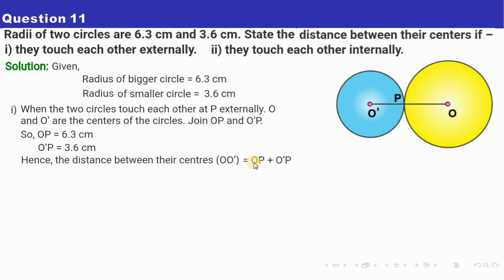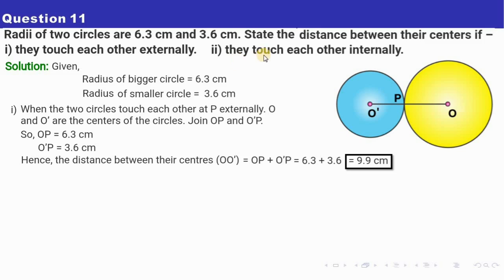What is left? O and O dash. So O dash O will be OP plus O dash P. OP is 6.3 and O dash P is 3.6. If I put the values and add, I'll get 9.9 as my first answer.